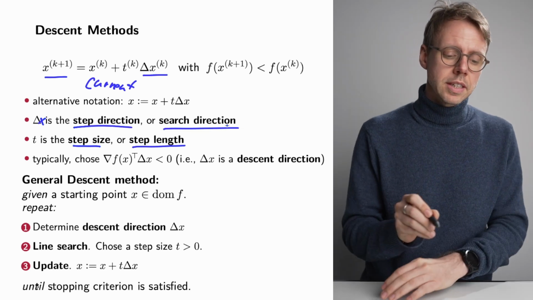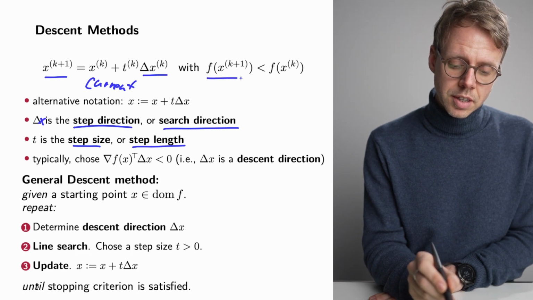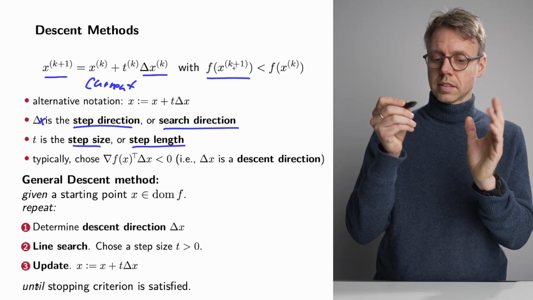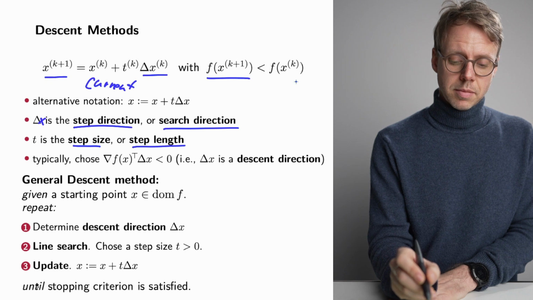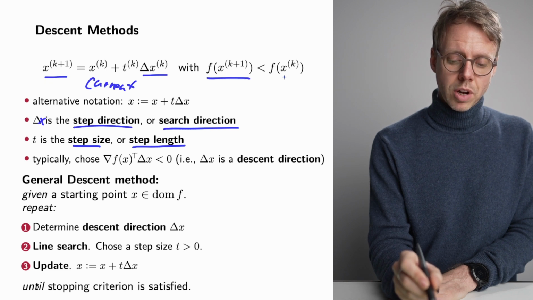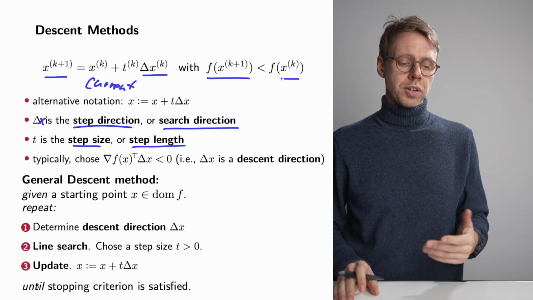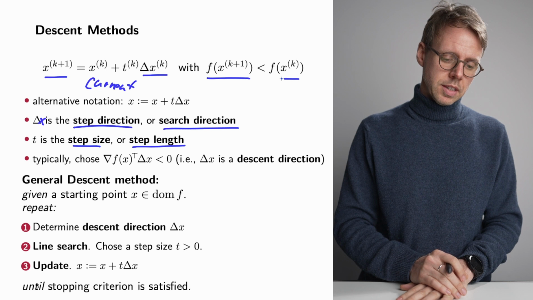And the goal is that in each iteration the function value at x_{k+1}, our next estimate, should be smaller than the function value at our current estimate.